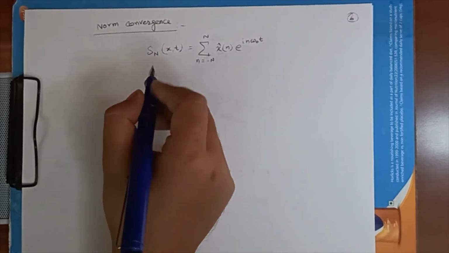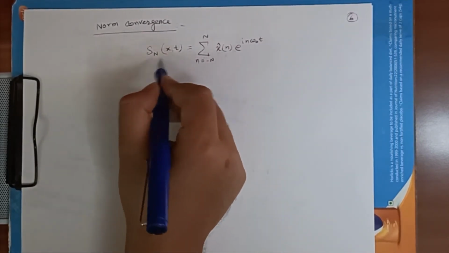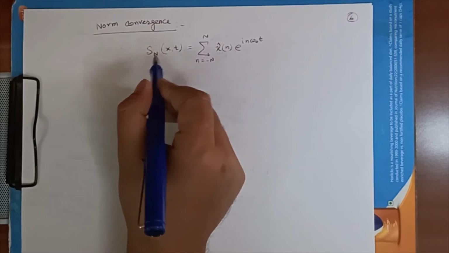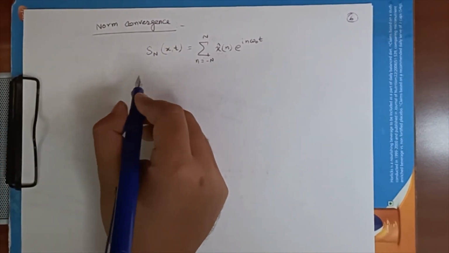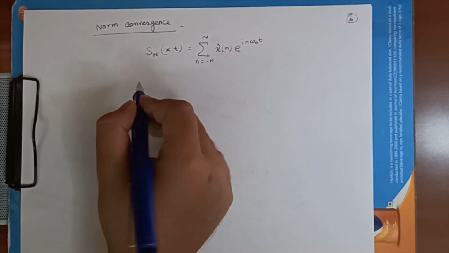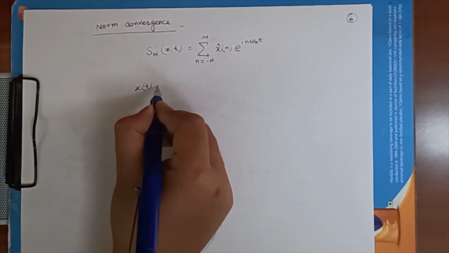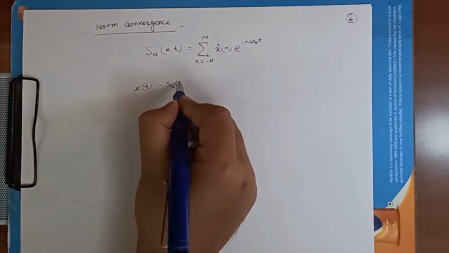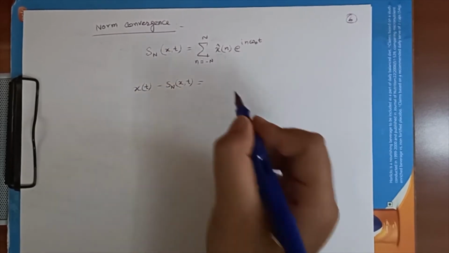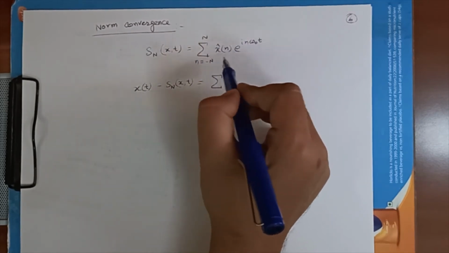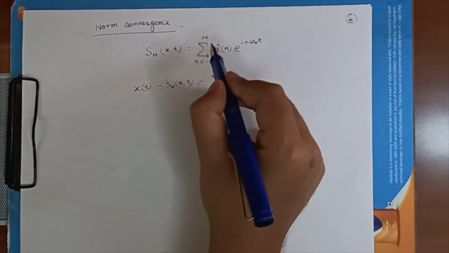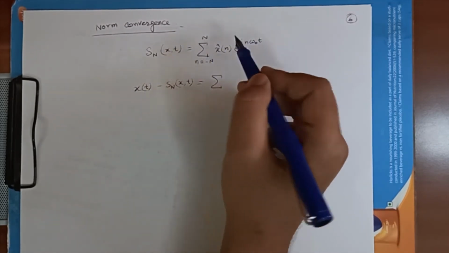So we say that if the energy content here is close to the energy content of the original signal, or if we write the difference of the two signals, so basically x(t) minus S_N x(t), what is that? In terms of the sum, it is basically all other components of the Fourier series except these 2N plus 1 components.